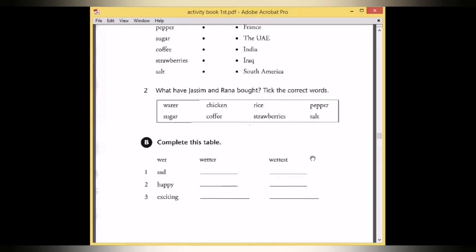Now the second one, we have happy. We said that if an adjective consists of two syllables and ends in y, how to change it into a comparative adjective or a superlative adjective?